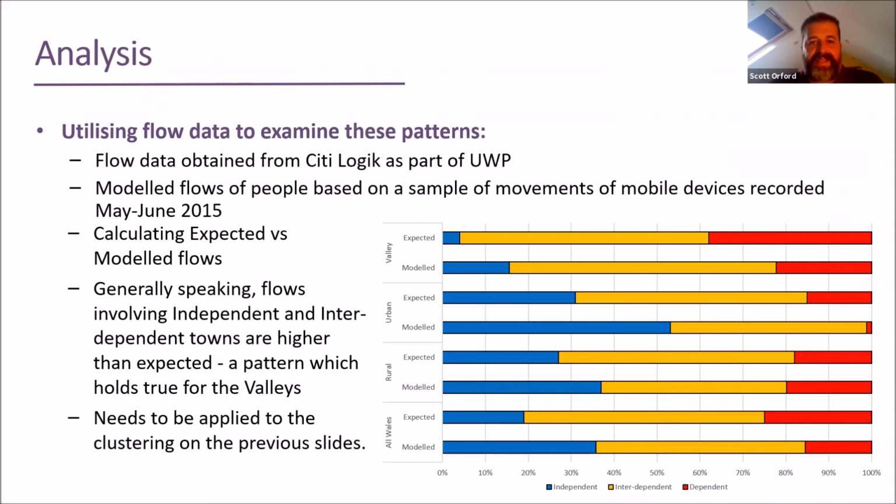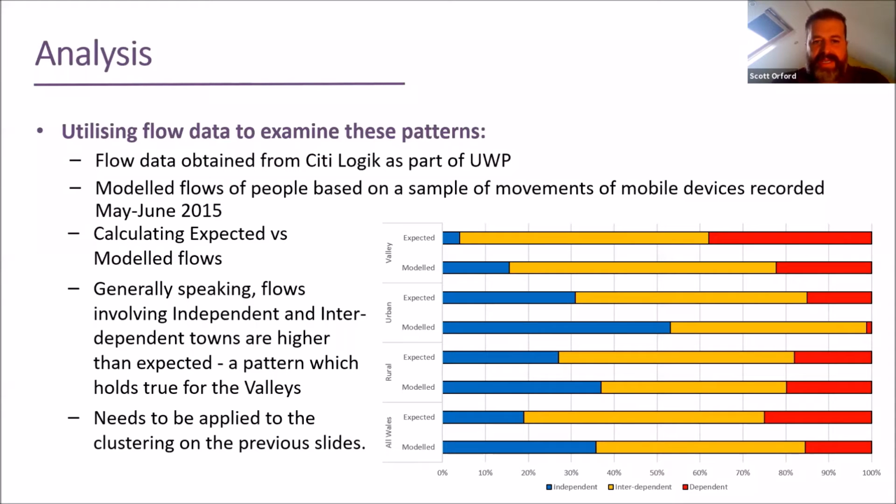So this is quite a basic way of looking at it, but it does actually flag up some interesting patterns. So again, we've got this sort of graph where the three different colours are the three different dependency types. And then for each of the different local authority areas, we've got the observed against what we would expect if people were just moving randomly between places, based on what's been modelled.